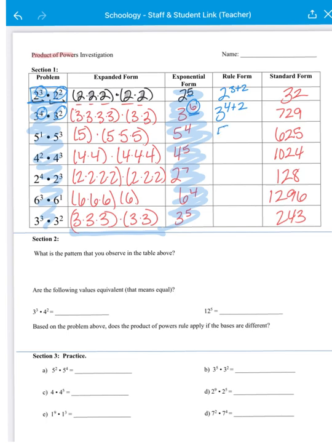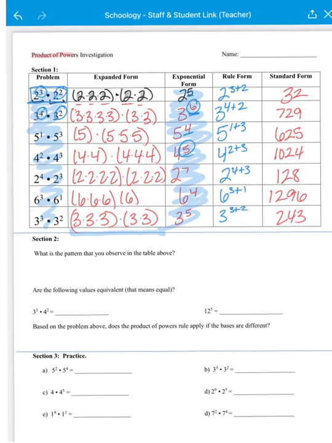So like this one would be 5 to the 1 plus 3, which gives us 5 to the 4th. The next one would be 5 to the 2 plus 3, which gives us 5 to the 5th, and so on. So it's going to work each time that when I am multiplying the same base, I can add the exponents together, and then that's the shortcut.